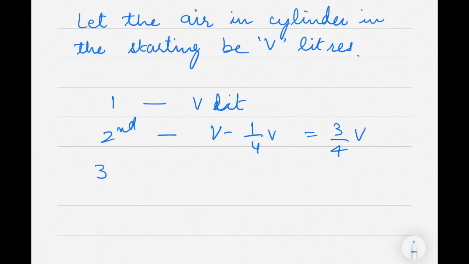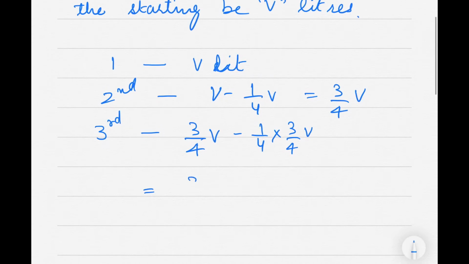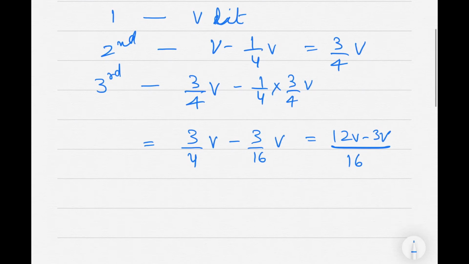Now for the third one, 3 by 4 volume was left, minus 1/4 of 3 by 4 of volume. So this would be 3 by 4 V minus 3 by 16 V. This would give me 12V minus 3V by 16, so I'll get 9 by 16 V.